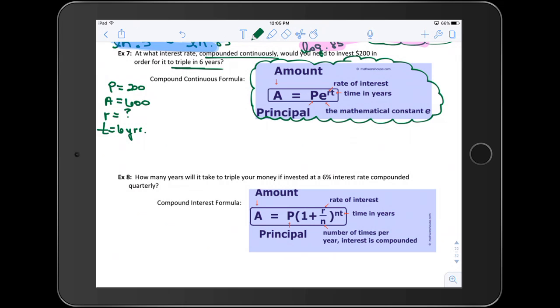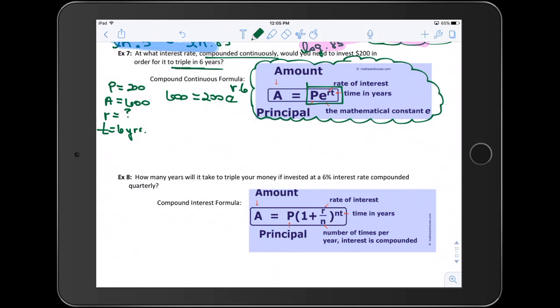Anyway, I'm going to put these values right into our formula. So we have 600 equals the principal, which is 200, times e raised to the rate, which we don't know, times 6. Now, I do want to say again that it's pretty straightforward to use this formula. Sometimes people remember it by noticing how this spells PERT.